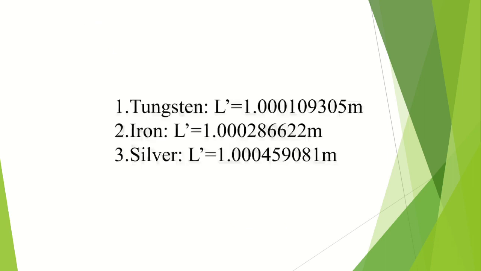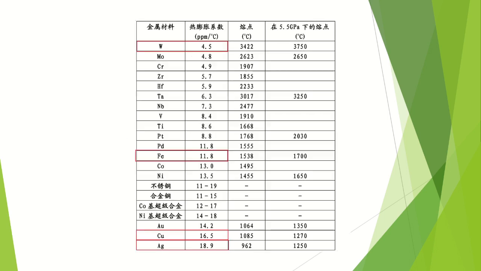In this way, L prom becomes 1.000109305 meters for tungsten, 1.000286022 meters for iron, and 1.000459081 meters for silver.